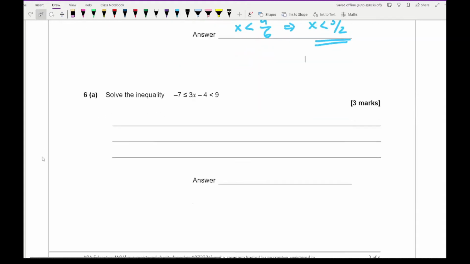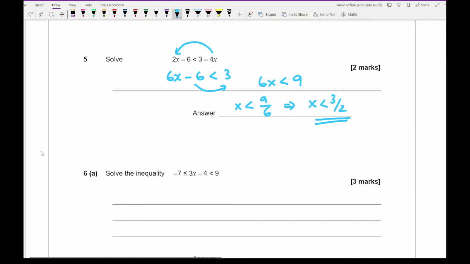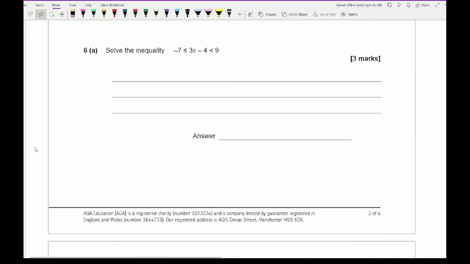Moving on to question 6, and it's worth also noting, just double check the inequality sign in the question with the one you've written in your answer. Just make sure that you've not underlined it when you shouldn't have. So moving on to question 6, it says solve this inequality. So again, when we've got our algebraic expression in the middle, we want to try and get x by itself. So what do I have to get rid of first, the 3 or the -4?